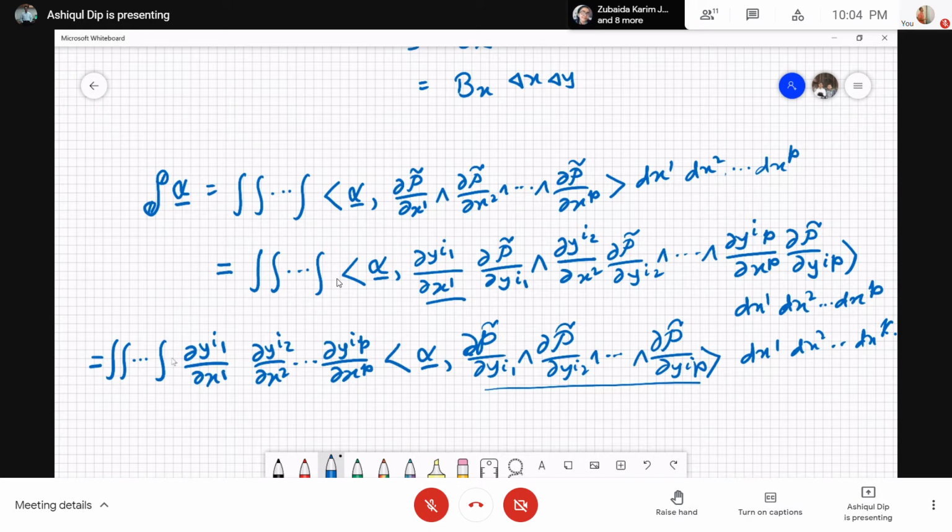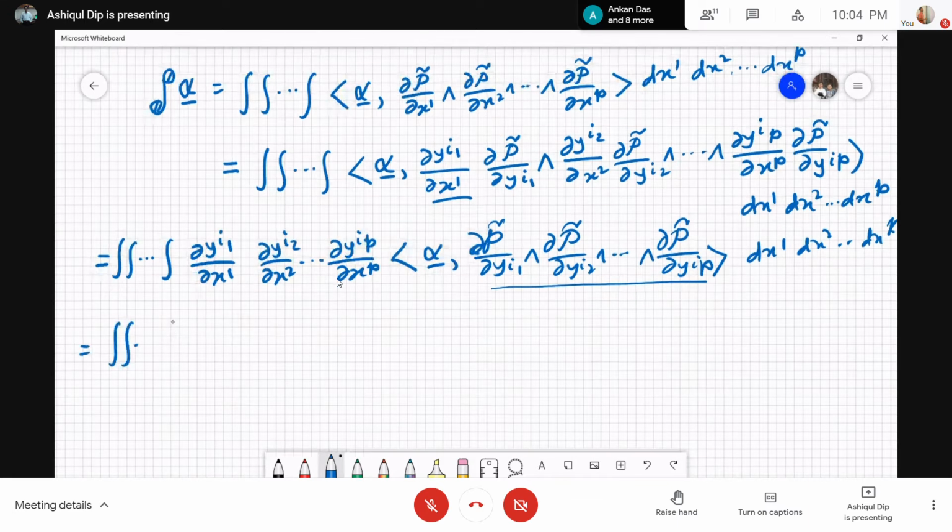So if we introduce E to write like this, how can we write this thing? It has p number of objects, a wedge product of p number of objects.